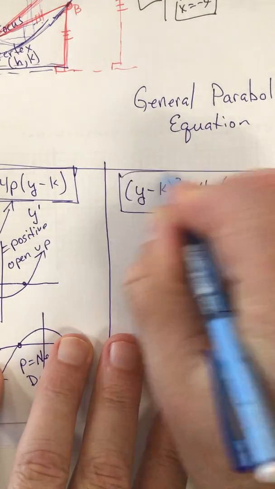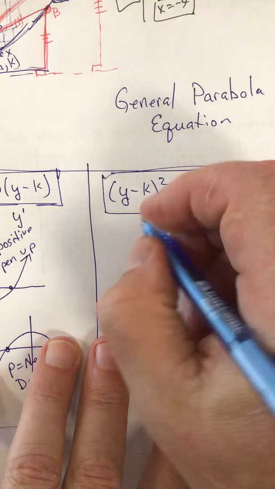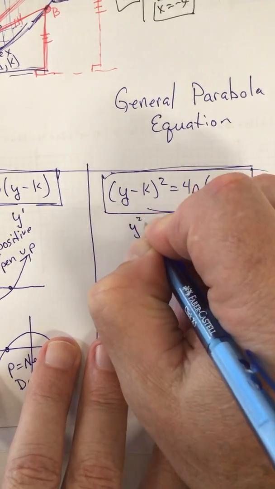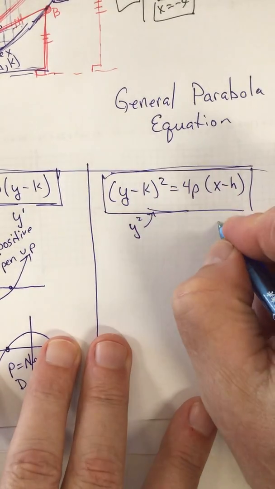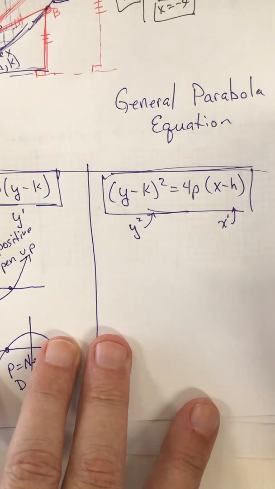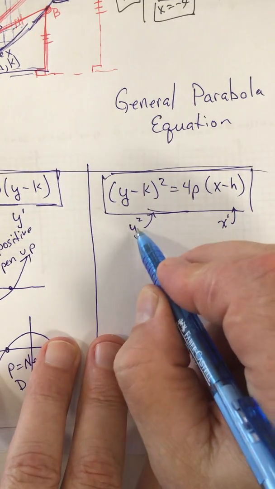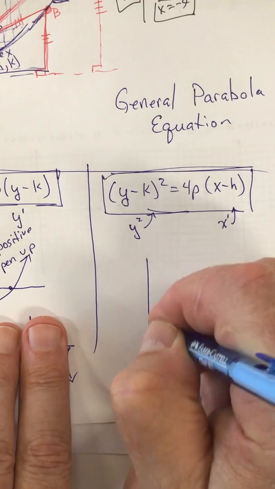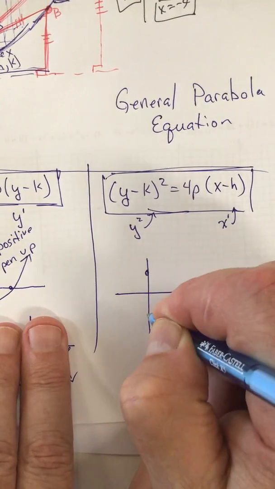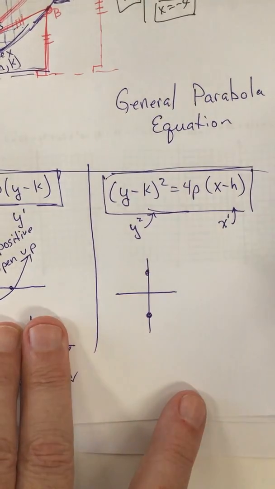Now it looks very similar, but it's the y that ends up getting squared, and the x ends up being to the first power if we were to multiply it out. That means it will touch the y-axis twice and the x-axis once. If it's going to touch the y-axis twice, the zeros are on the y-axis like that.